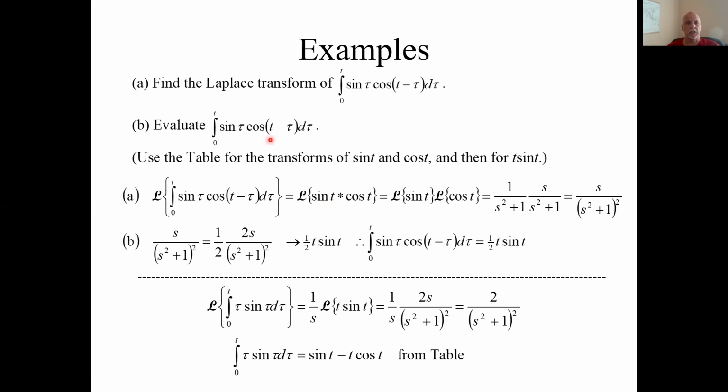Now let's evaluate this. Well, let's see. One way to evaluate it, rather than taking this integral, is to inverse Laplace transform this guy.